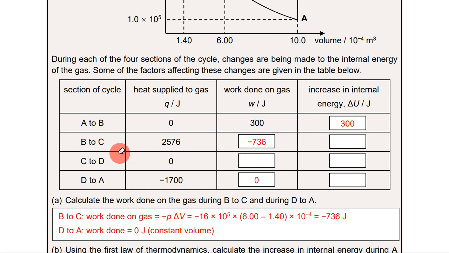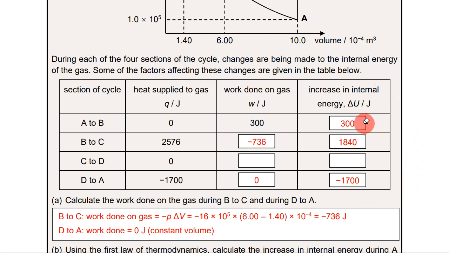Likewise for process B to C, delta U will be 2576 plus negative 736, which gives 1840. And for process D to A, delta U will be minus 1700 plus 0, which gives minus 1700 joules.